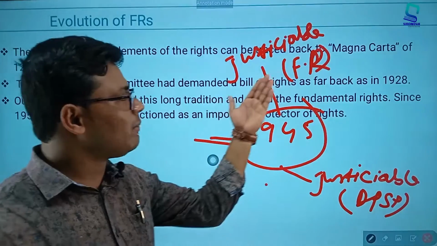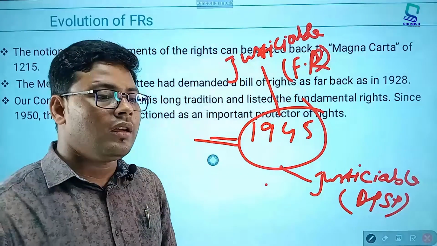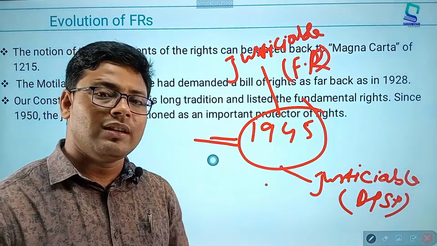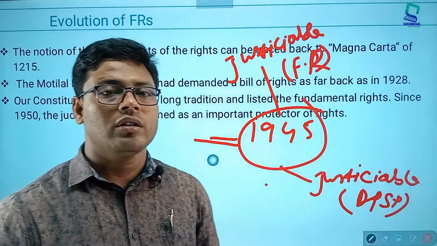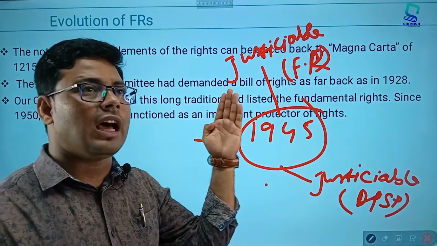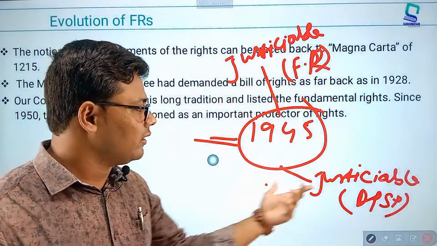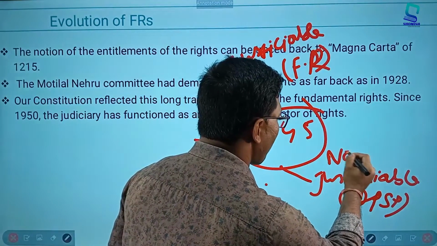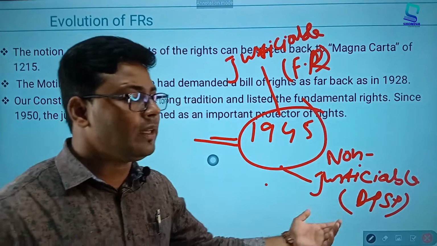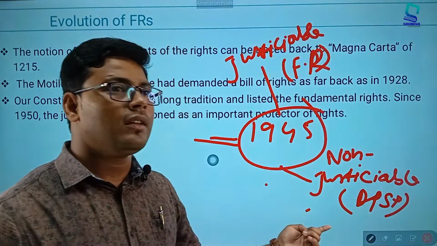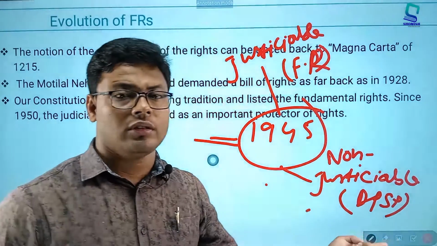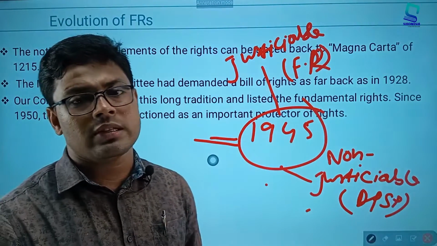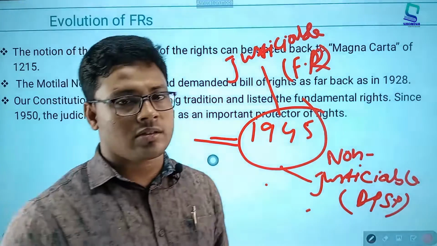Justiciable means it can be decided by the Apex Court of India, and non-justiciable means it cannot be justified by our Honorable Apex Court, that is the Supreme Court of India. These are the two words and their distinctions.